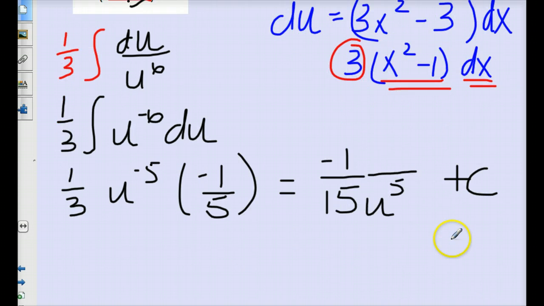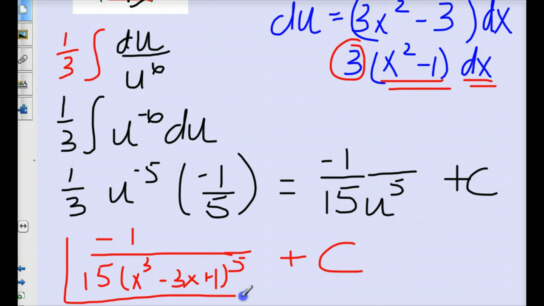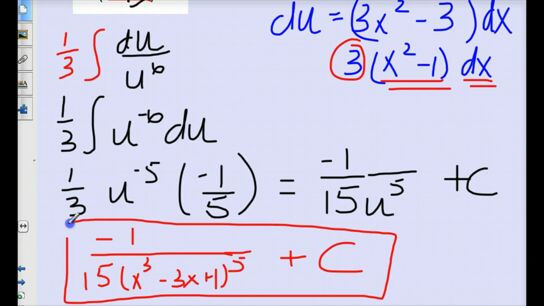And now what I can do is plug in my u. What I get is negative 1 over 15 times x cubed minus 3x plus 1 to the 5th plus c. And there's my integral with my u substitution.